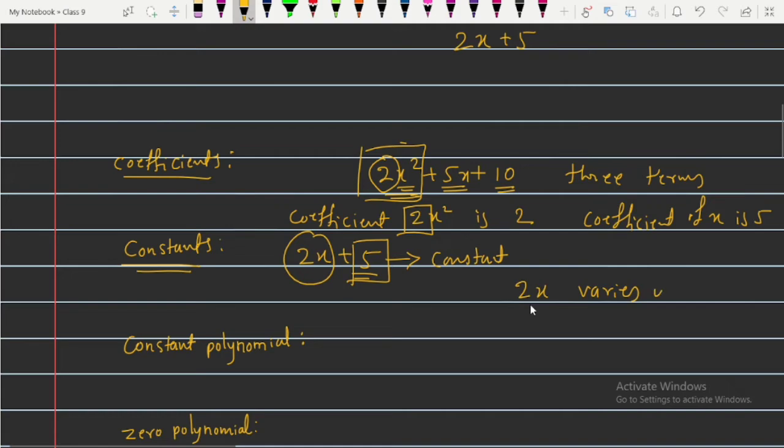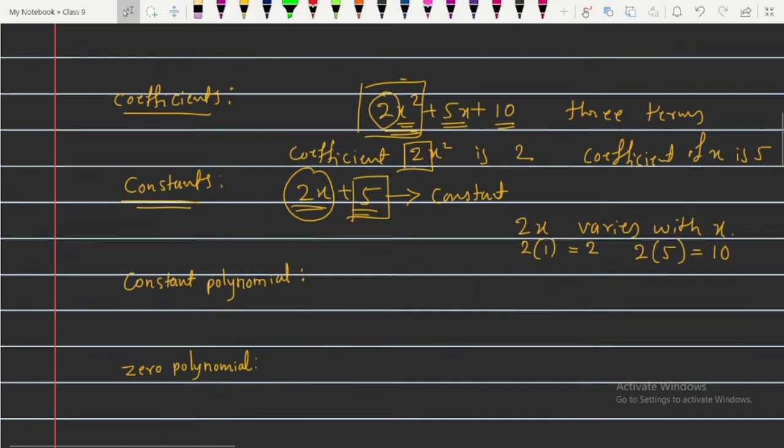For example, if x is 1, 2x is 2. If x is 5, 2x becomes 10. That is why it is a variable term. 2x is a variable term and 5 is a constant term. So this is about polynomials, coefficients and constant terms.